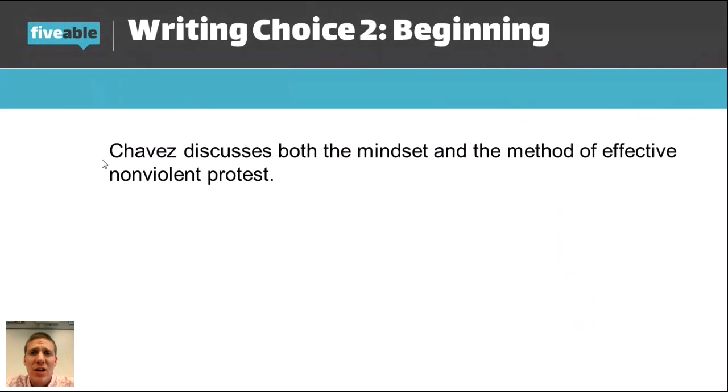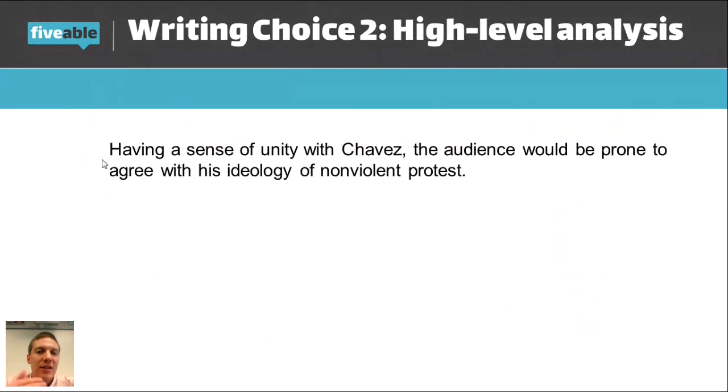I had a live session actually planned for in a few weeks where we'll talk about effective, precise word choice. It's not about being fancy. It's about being super clear and articulate with your ideas. Here's an example of high-level analysis from our second body paragraph.